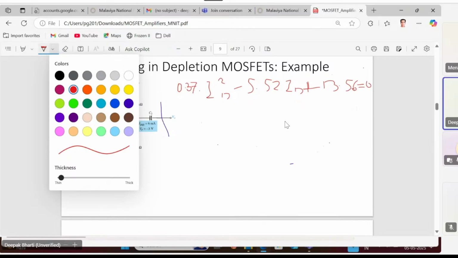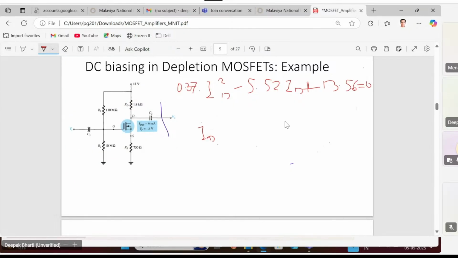The two roots which we will get after solving this equation will be 11.51 and 3.12 milliampere. Okay, now these are the two possible solutions of this quadratic equation.